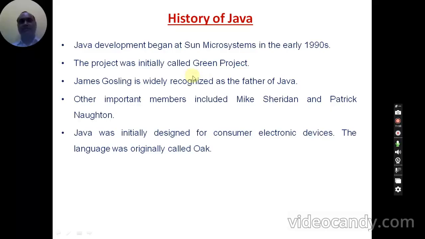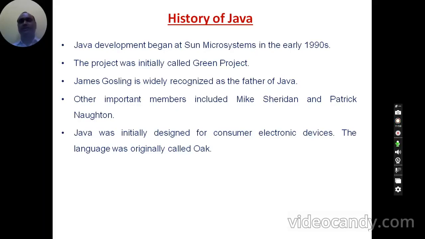After naming their language Oak, they found that the name was already trademarked by Oak Technologies, so they thought some legal issues would come up if they still tried to use that name.